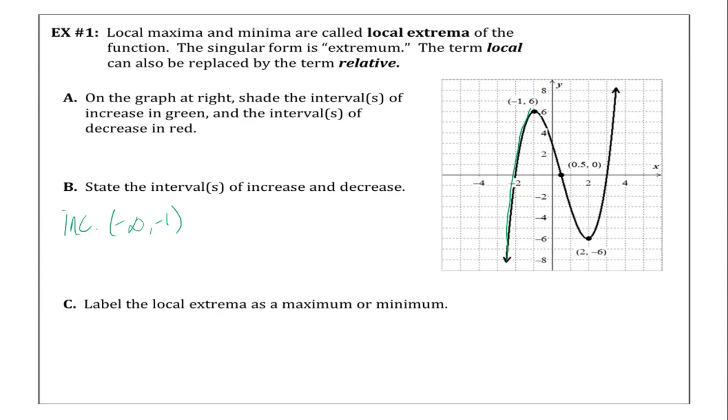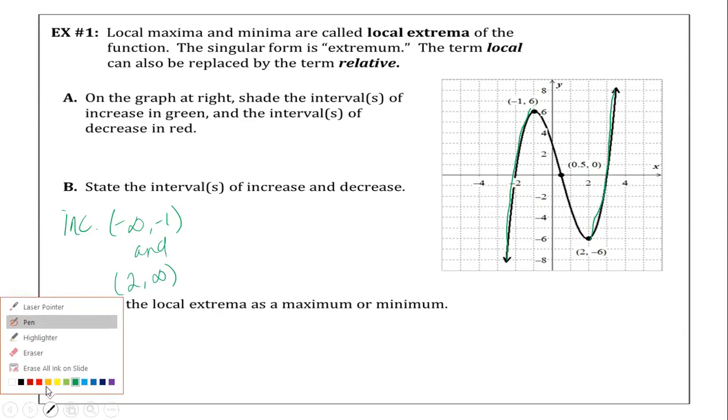Moving on. Do I have another interval of increase? Yes, we do. 2 to where? 2 to positive infinity. So negative infinity to -1 and 2 to positive infinity. Did you put the U symbol? Yeah, to shorthand it.